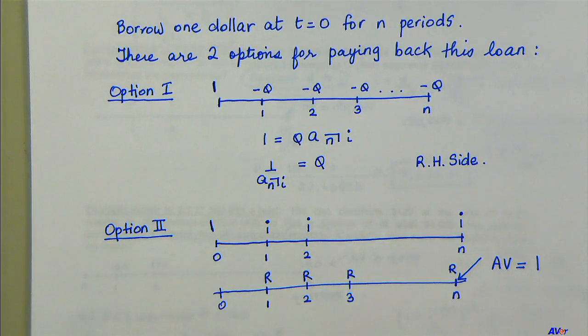At time n, I will pay you back your $100,000. Would the payments be equal? The payments have to be equal, right?